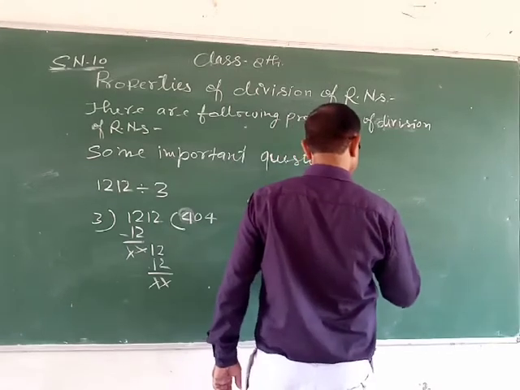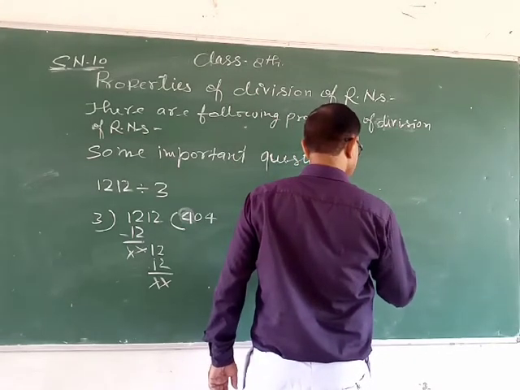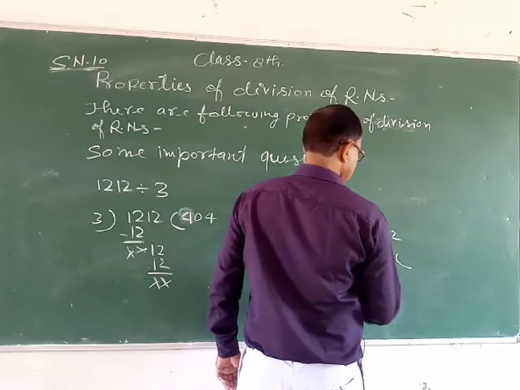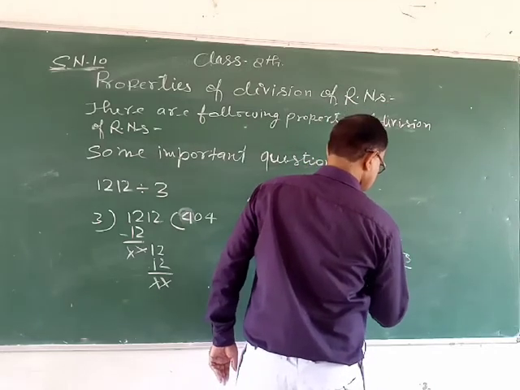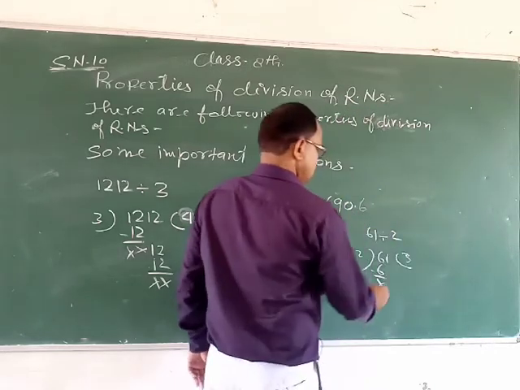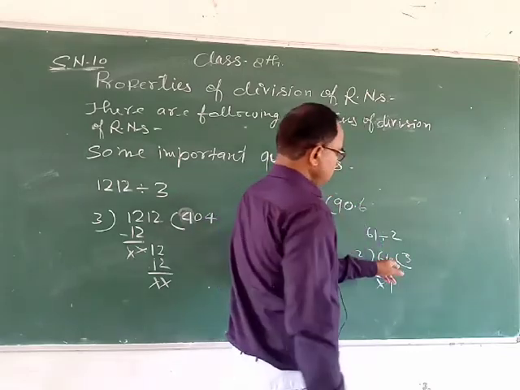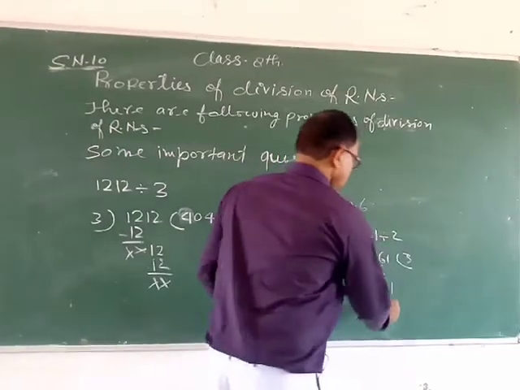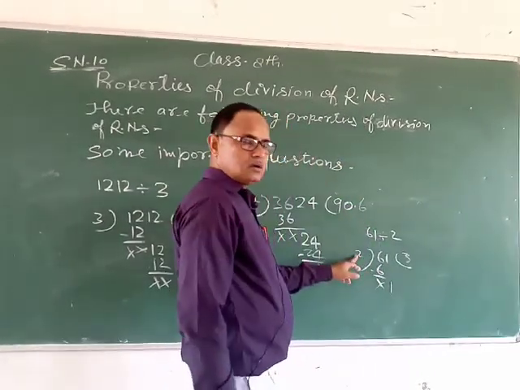Okay, here if 61 divided 2, here 61, 2 3 ja 6, and here write 1. After this there is no digit. Then write here 1 which is less than 2.